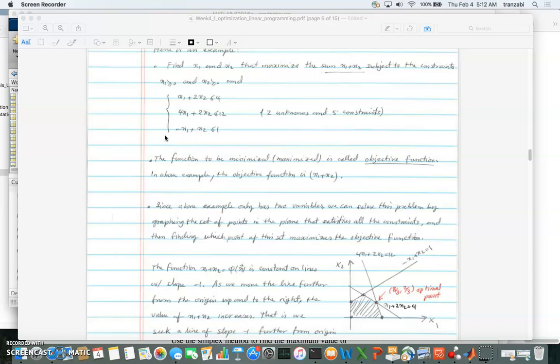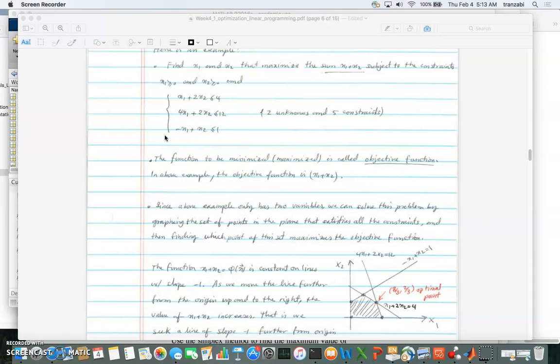Everything has to be first power, and we do not have multiplication of variables. So that is what we mean by linear. Now, the programming word of this topic is coming from, I think, the programming you need to be able to optimize the problem. So in the realm of LP, which means linear programming, everything has to be linear.